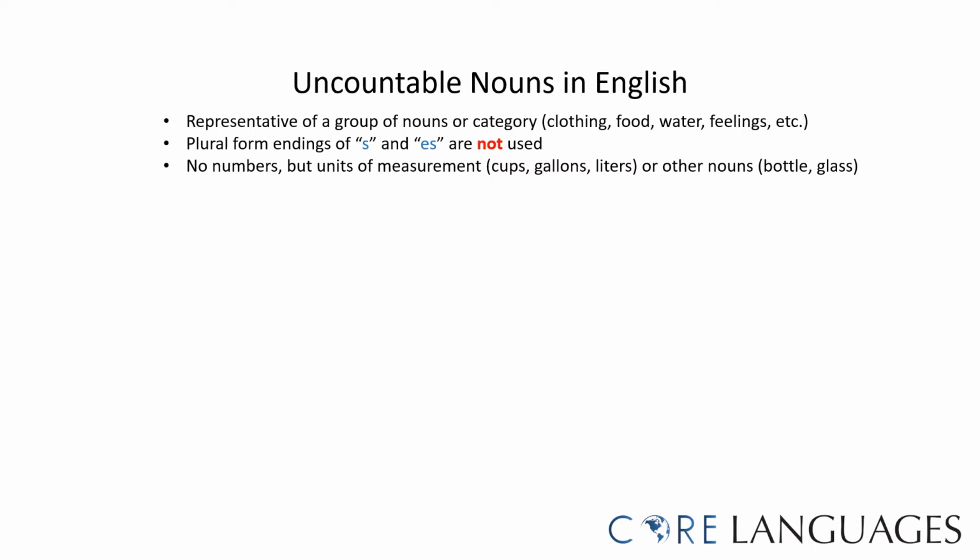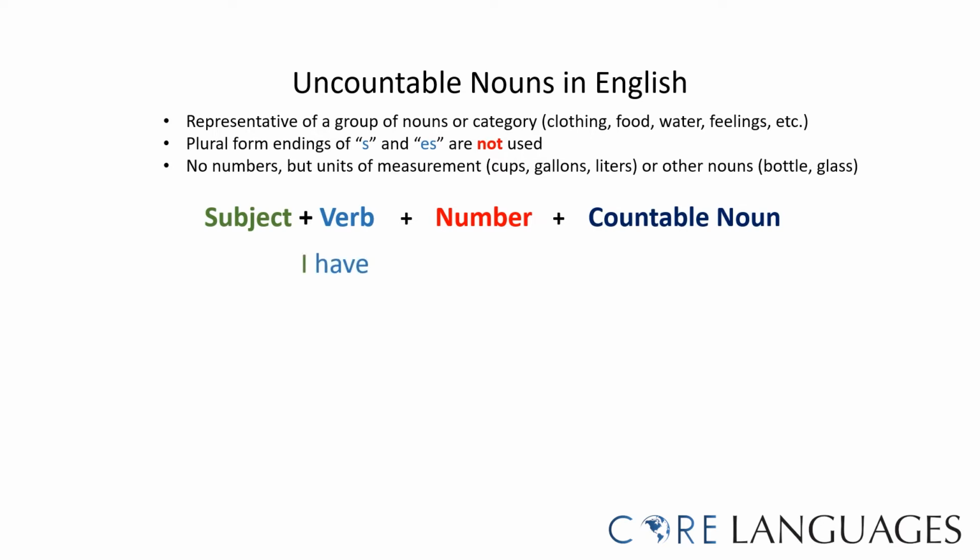To form a sentence with a countable noun, the word order would be subject and verb, a number, and then the countable noun. For example, I have 2 bottles. The noun bottle is countable, so I can use a number to count it, 2 bottles.